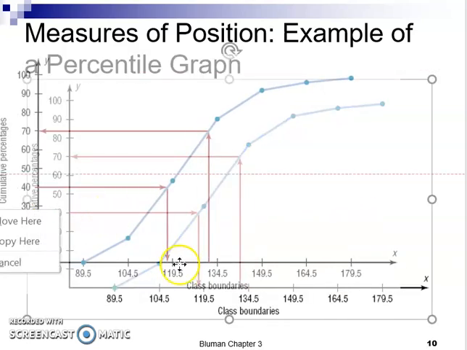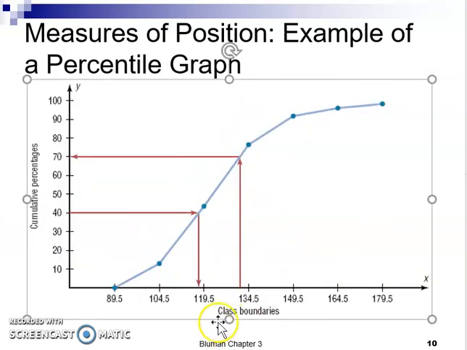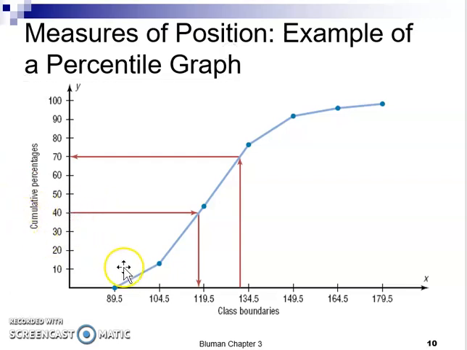So as I'm looking at a percentile graph, this looks like an ogive with cumulative percentages. We're considering these percentages on the left-hand side, and we have across the bottom the actual values, the class boundaries as they're listed.